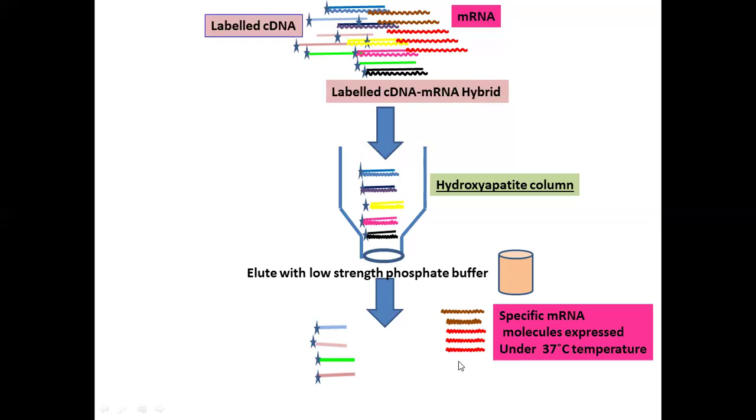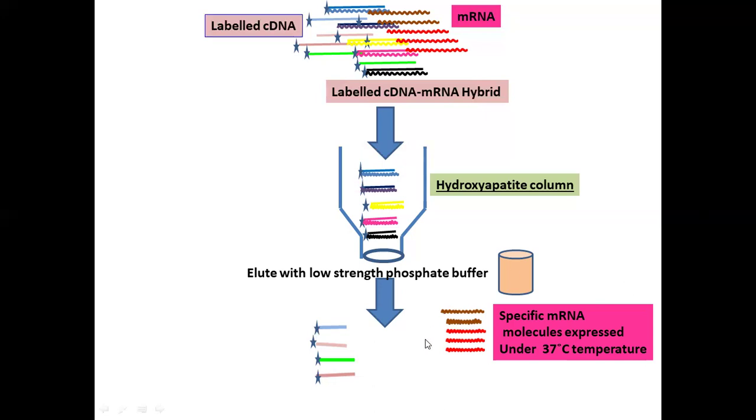So these mRNA molecules may encode the proteins which are responsible for adapting to the high temperature. The corresponding cDNA molecules are not present at 28 degrees centigrade.